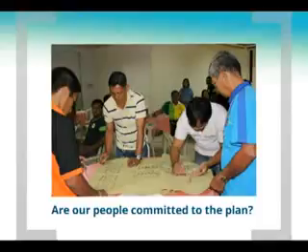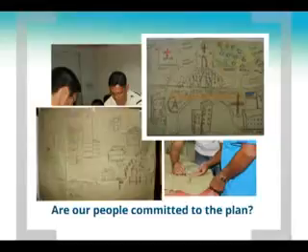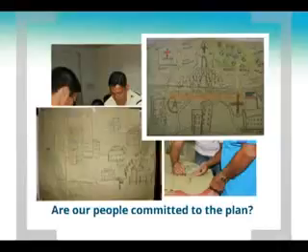Involvement of people, therefore, in the crafting of the plan should always be considered. Some call this buy-in. When people are involved in the planning process, they buy into the plan. In other words, they feel they are part of it, and therefore commit themselves to realizing the plan.